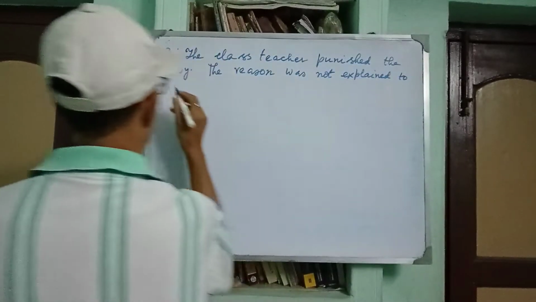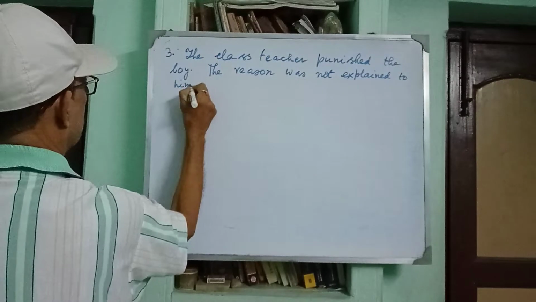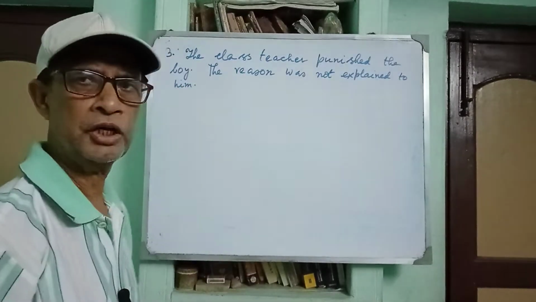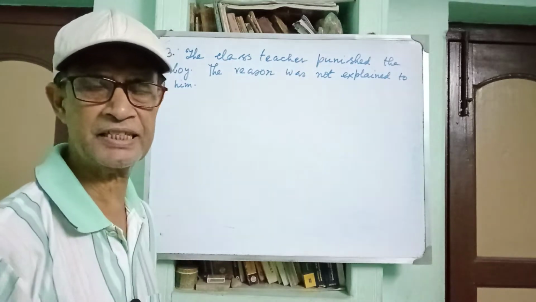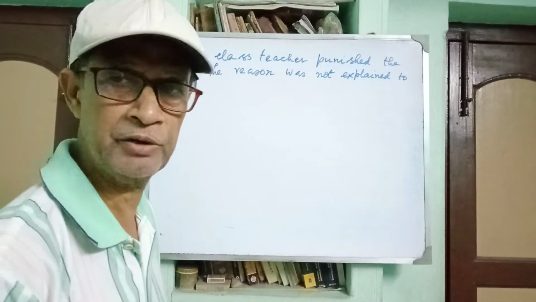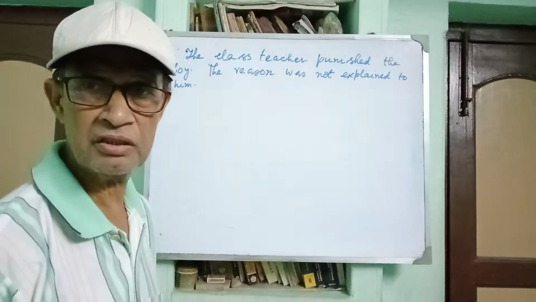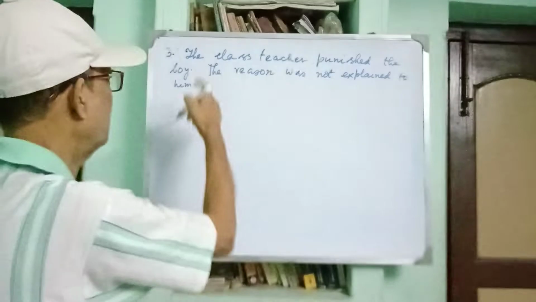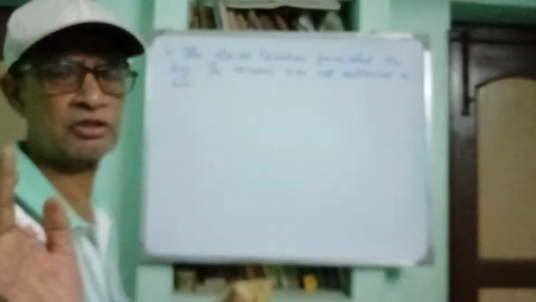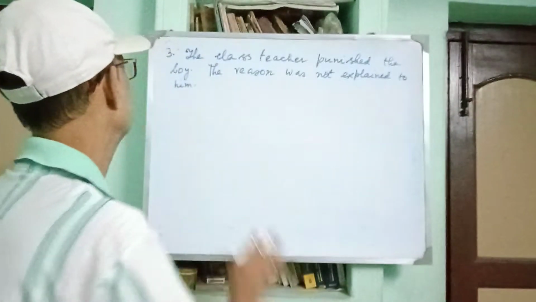You have been asked to combine two simple sentences into one complete sentence by using a noun clause subject to the verb. Clear? The class teacher punished the boy. The reason was not explained to him.